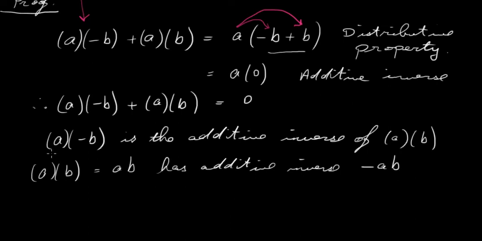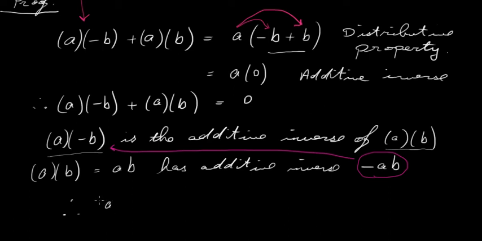So therefore, if this is the additive inverse of a times plus b, but we know that ab has an additive inverse of minus ab, then this must be equal to minus ab. So in other words, a times minus b must be equal to minus ab. And this is exactly what we wanted to prove. This is the statement we wanted to prove. And that's it. That's the first proof. I'll do a similar one of these in the next video.